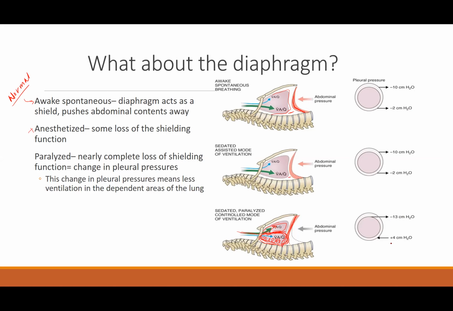Awake and spontaneous, sedated, relatively similar. That makes sense if we think about how air is entering into the lungs. And then when we paralyze somebody, we get some pretty significant changes in the pleural pressures, which just makes it even more difficult for the bottom portion of those lungs to expand.